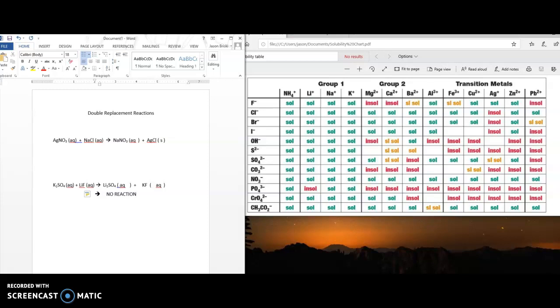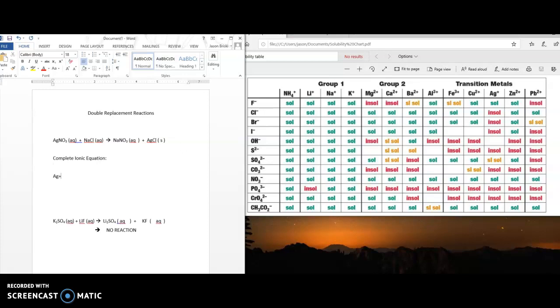Now, if you are asked how to write complete and net ionic equations for a double replacement reaction, let's take a moment and do that. You would only do this for a reaction that works. So in this case, the complete ionic equation for this reaction is going to look something like this. Every ion will dissociate.